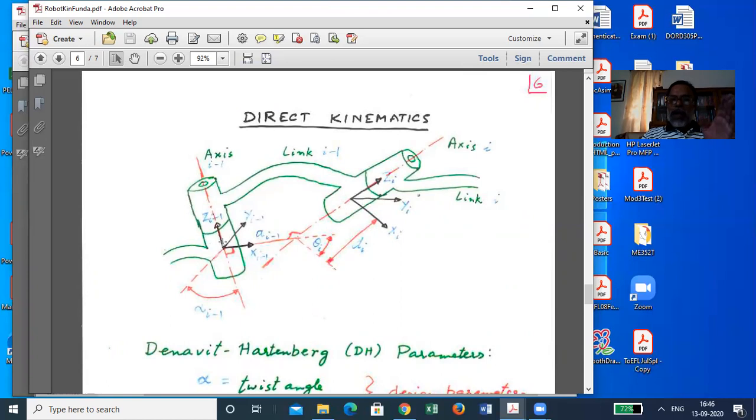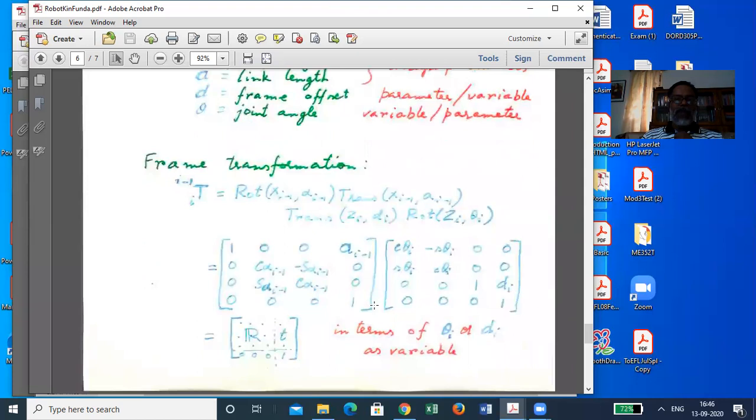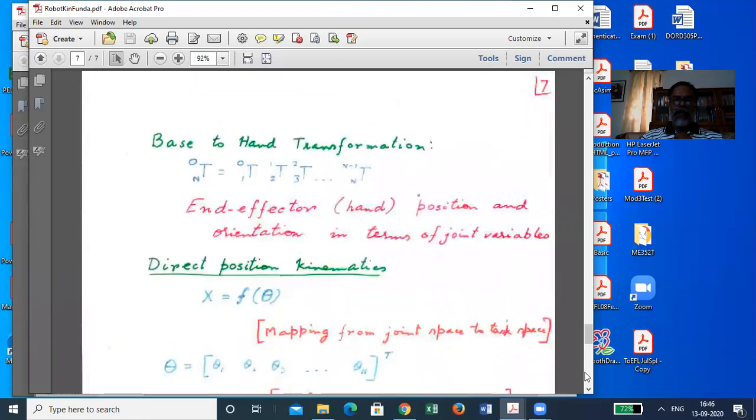So now after having done this much, you can immediately imagine that in this frame of reference I minus 1, if you can represent this frame I, then similarly in this frame I, you can represent I plus 1 and so on. Then I can find out the transformation of link 1 with respect to link 0 expressed in link 0.